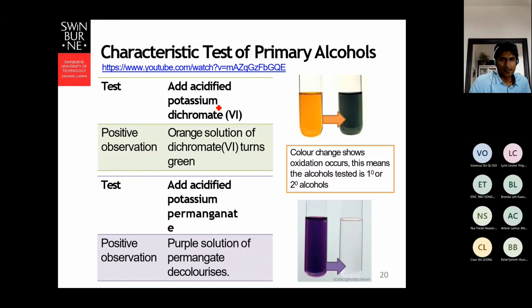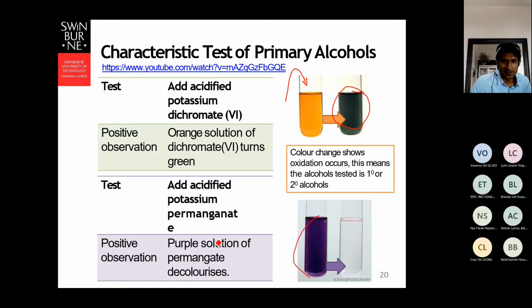So the first degree and second degree alcohols will do the reactions. Potassium dichromate is yellow in color, and with the reaction with first and second degree alcohol, it will produce a greenish solution. If I add any first degree or second degree alcohol to it, it becomes green.